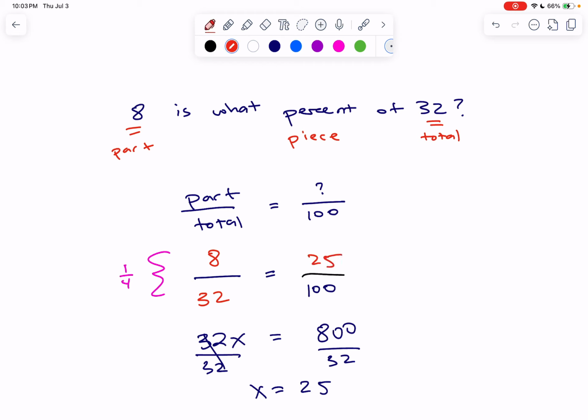And so we say this is 25%. But let's remember what percent means. Percent actually means divided by 100. So when we say 8 is 25% of 32, we're saying 8 is equivalent to 25 out of 100 when it comes to 32.